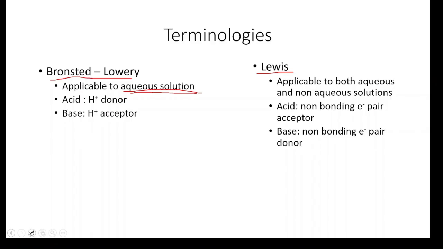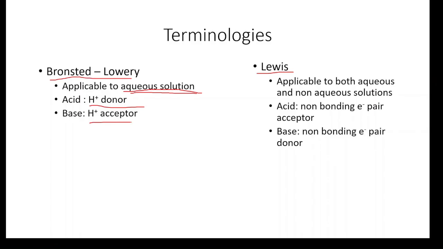And H plus donor or proton donor are called acids, and the substance which accepts H plus or proton is called base. So this is the Bronsted-Lowry concept. And it is only and only applicable to the aqueous solution.